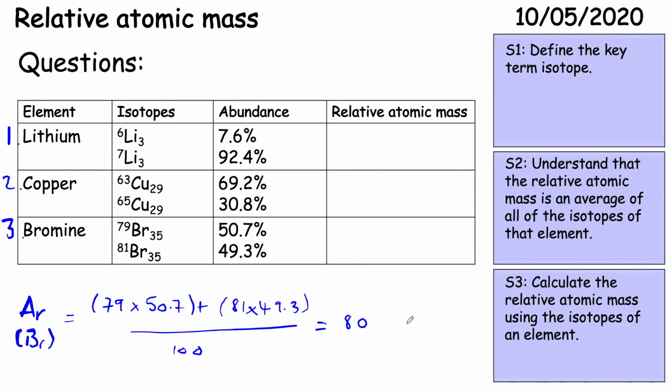Quite straightforward. If you have more than two isotopes, it doesn't matter, it's exactly the same principle. You just do the third isotope, or even the fourth if you need to, divided by 100.